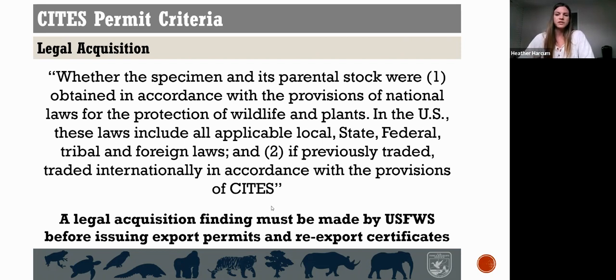And then also if it was previously traded, that it was traded internationally in accordance with the provisions of CITES. That's just making sure that they have all of their documents if they were previously traded outside of the United States, but we're going to be focusing on that first half when we're talking about native species that are either produced or harvested in the United States and then commercially or non-commercially exported thereafter. So a legal acquisition finding must be made by the Fish and Wildlife Service before issuing any permits or re-export certificates under CITES. Okay, go ahead.